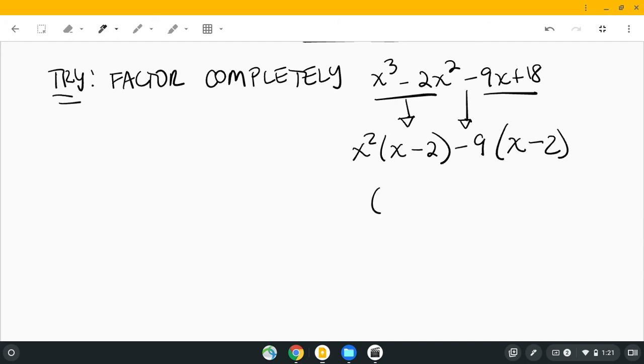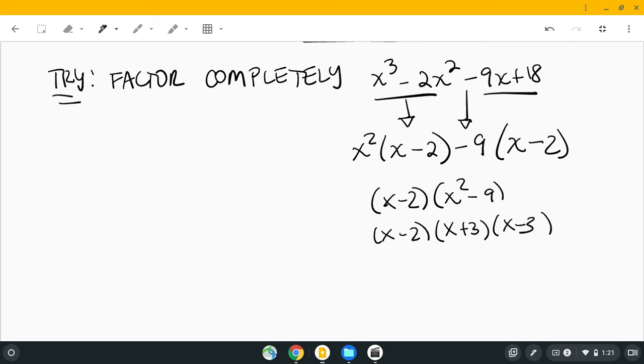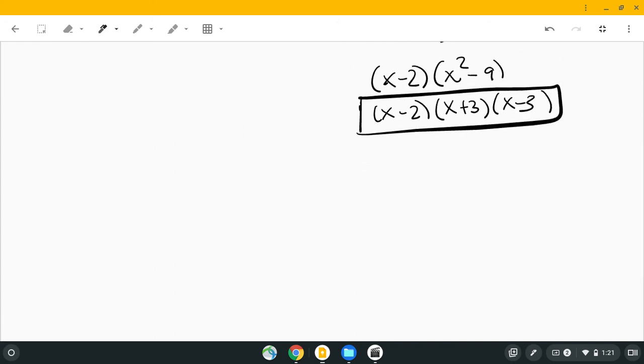So I'm going to factor out the x minus 2, and I'm left with x squared minus 9. But that's difference of squares. So I'm going to factor the x squared minus 9 like so, and that will complete my factoring. Okay, so that is it with the factoring.